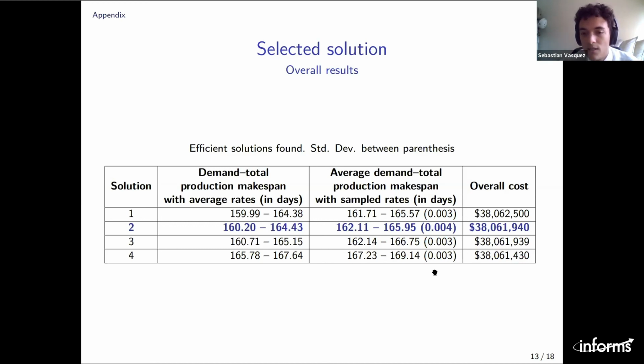So that was a clear result that the deviation of results in the simulation model wasn't large enough to not leverage the mean processing rates in the exact method. I mean the production planning step.